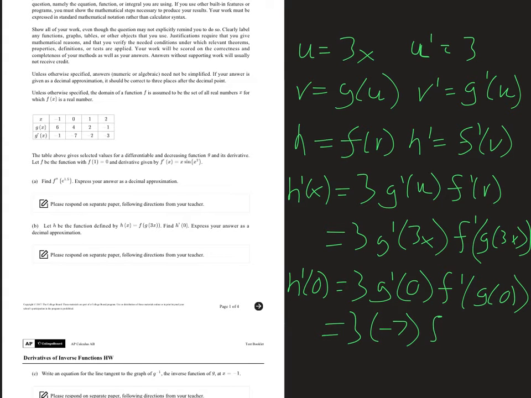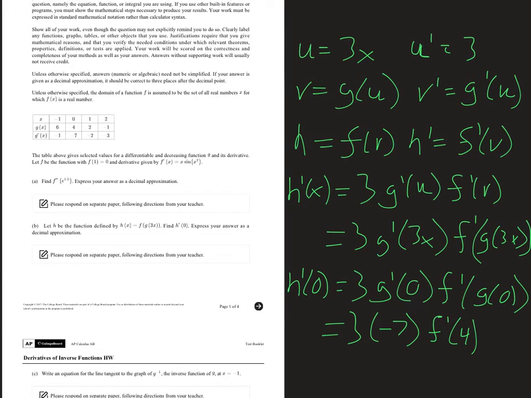So what's f prime of 4? Well, I don't have a table of values for that, but I do have a function. So I can just plug 4 into this guy and put that there, and then multiply it all out, because they want it rounded as a decimal. Okay? I'll leave you to do that little bit of calculator arithmetic there.